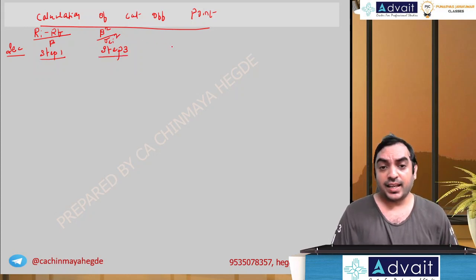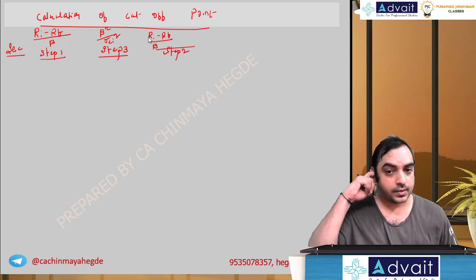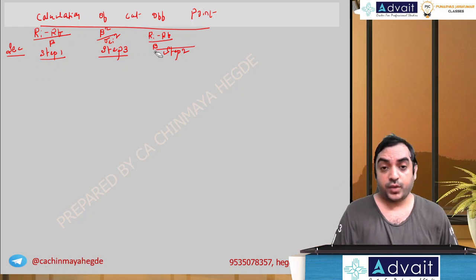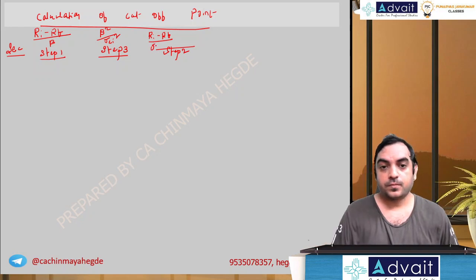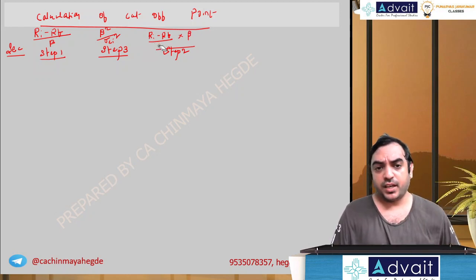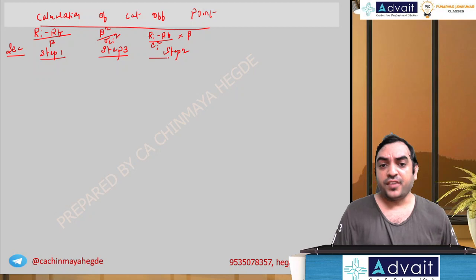Then I'm going to calculate step 2. Formula looks difficult. This is like Ri minus Rf divided by beta, divided by sigma e square, multiplied by beta, right? Ri minus Rf divided by sigma e square into beta. But we are not going to follow that.